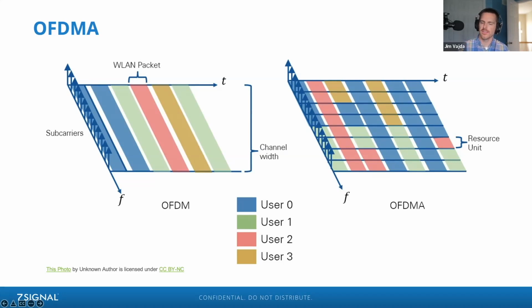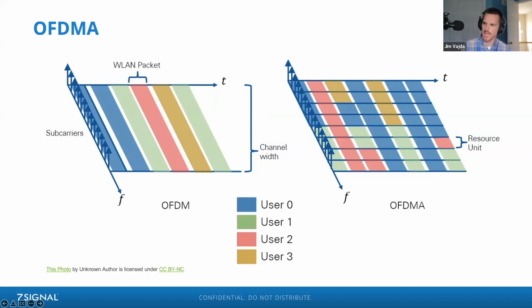One of the other things that's unique here is that OFDMA is scheduled channel access. So with OFDM, we use EDCA, that distributed random access channel access procedure, where each station, the APs and the clients, use the same contention rules, and emerging from that is this order where the channel is shared without it being centrally managed.